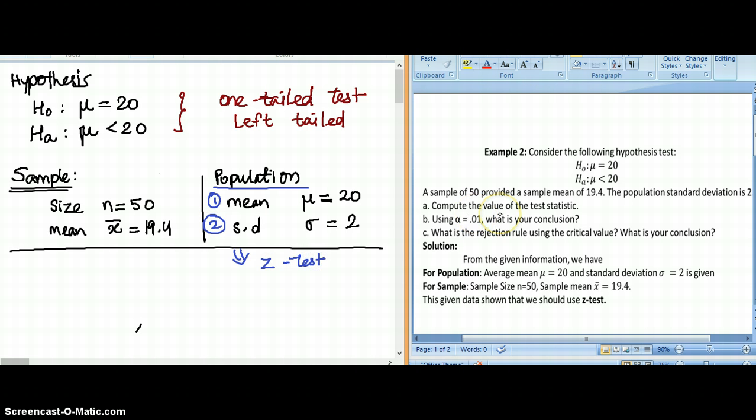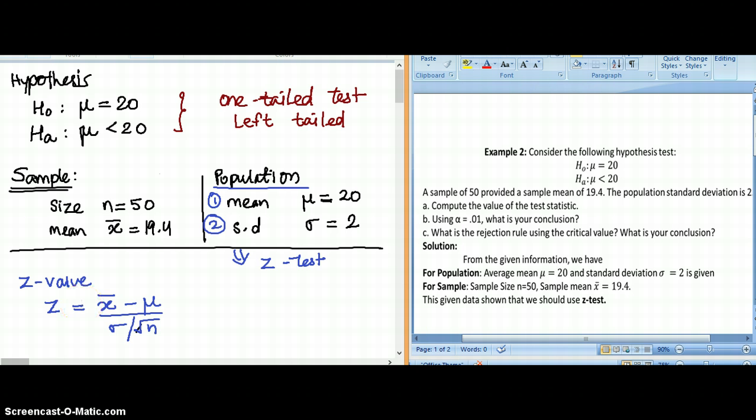What we have to do next is to calculate the z-value. The z-value is given by the formula x bar minus mu divided by sigma over square root of n.